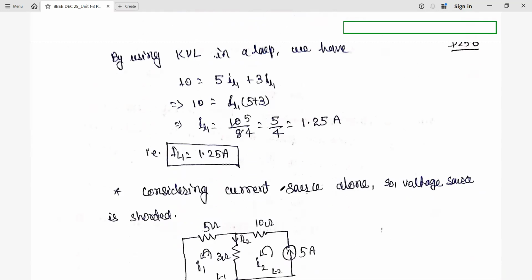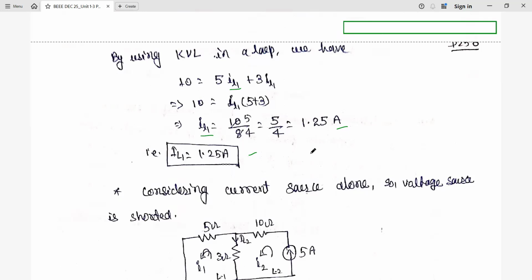On the basis of that, 10 equals 5 into IL1 plus 3 into IL1. Taking IL1 common outside, 5 plus 3 is 8. So finally IL1 is 10 upon 8, that is 5 upon 4, equal to 1.25 amperes. This is the actual current passing through the 3 ohm resistance if only the voltage source is available.